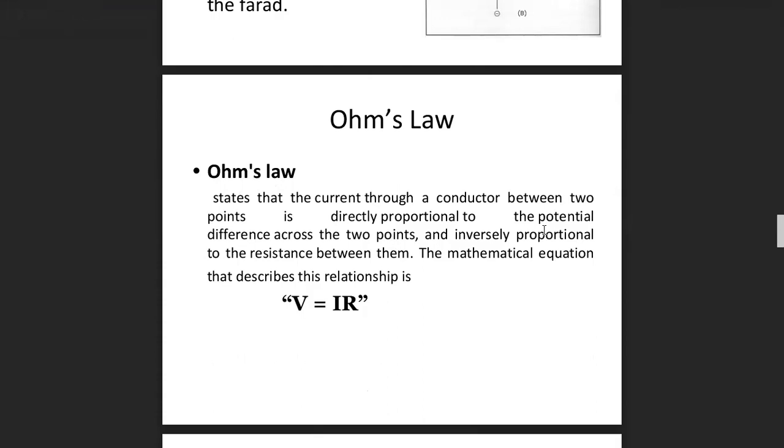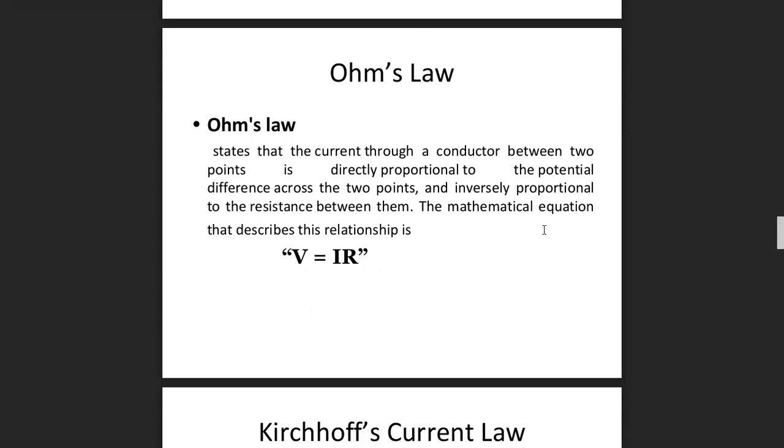If we know the voltage across a resistor and its resistance, we can find the current, and vice versa. If we have the current and resistance of that resistor, we can find the voltage across it. And similarly, if we have the voltage across a component and the current through a resistor, we can find the resistance of that resistor.